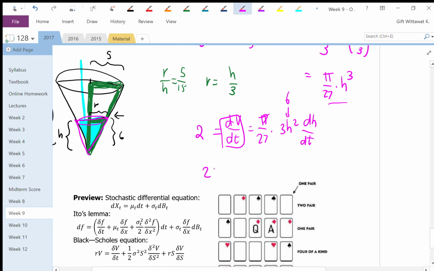I get 2 equals pi over 27 times 3 times 6 squared times dh/dt. So I can solve this and get dh/dt to be just 1 over 2 pi feet per minute.